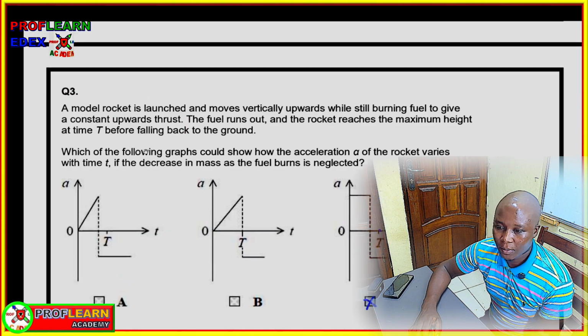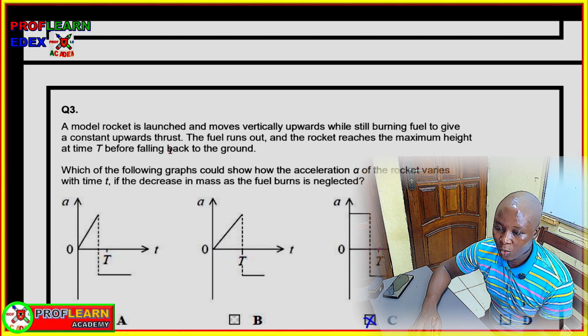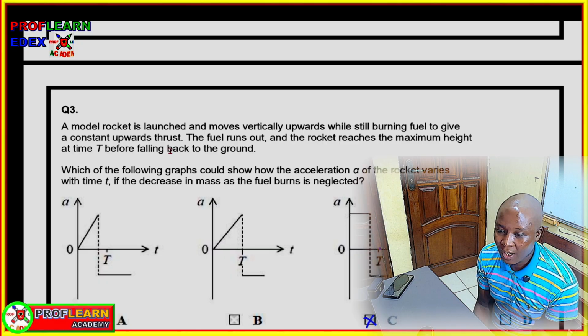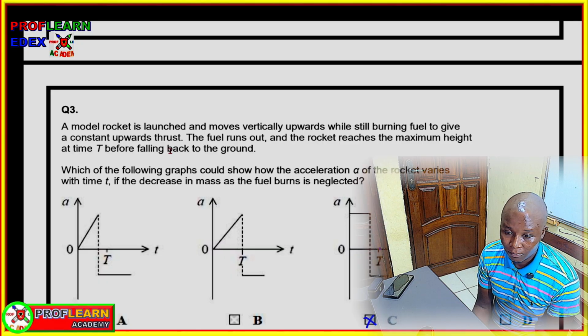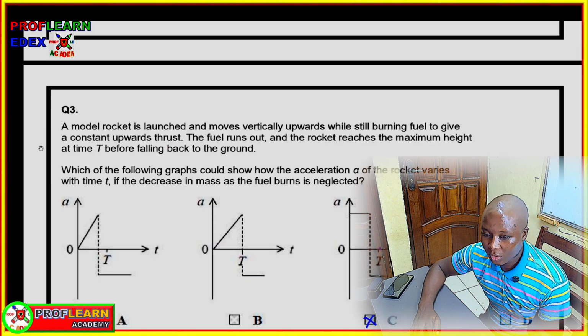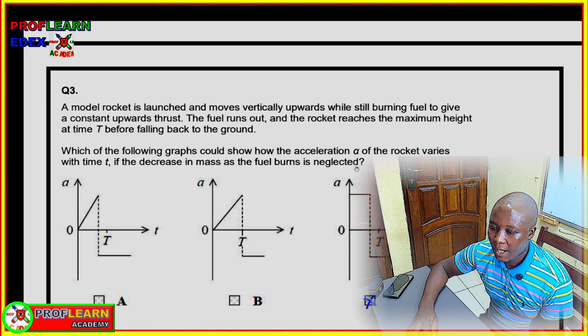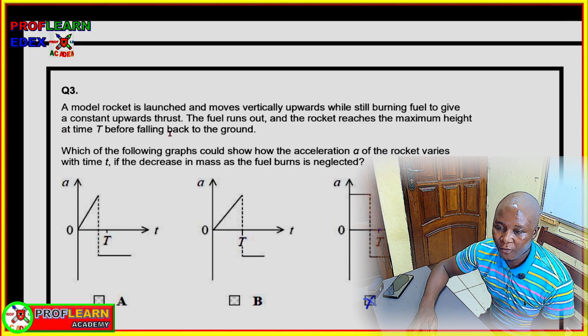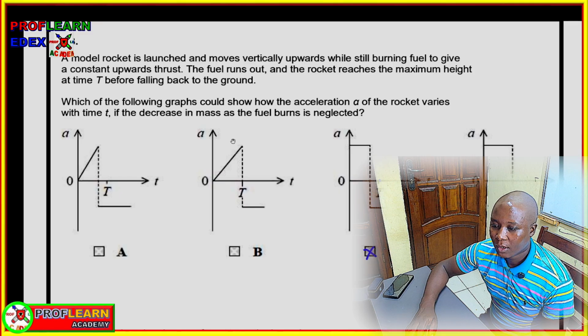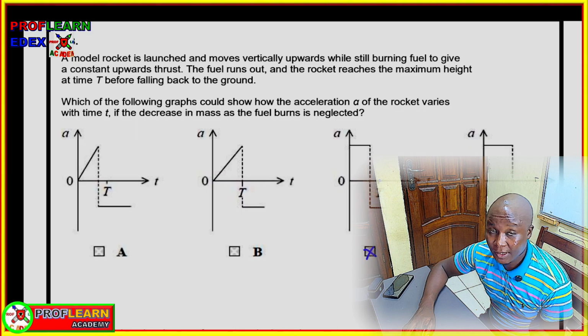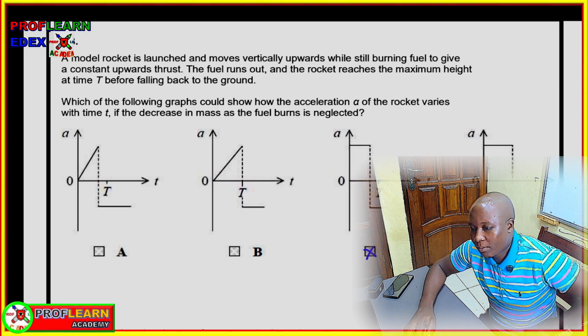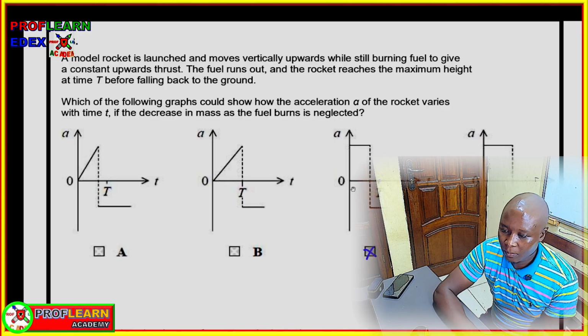Something we need to appreciate here is that the rocket is going to have a constant acceleration, so this one is out, and this one is out. It is going to reach maximum height at time t before falling back to the ground. So our answer is going to be C.